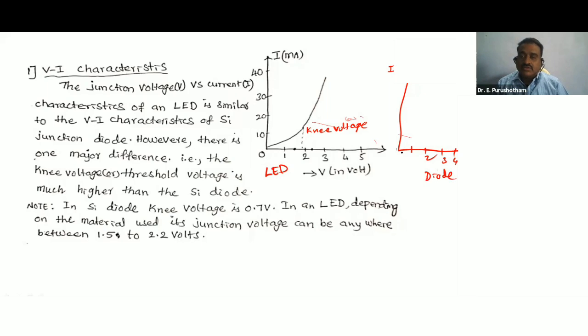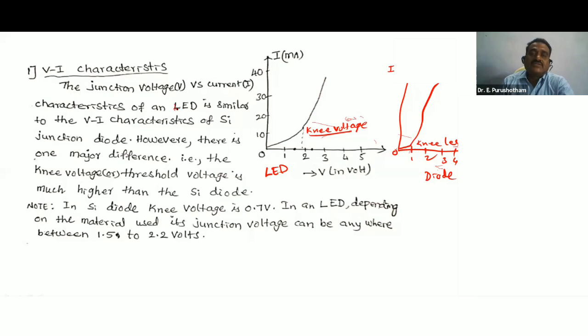If voltage increases, current also increases, and at a particular voltage the current suddenly increases. For the normal diode the knee voltage is very low, while for the LED it is high. This is the main difference, but both graphs are the same.